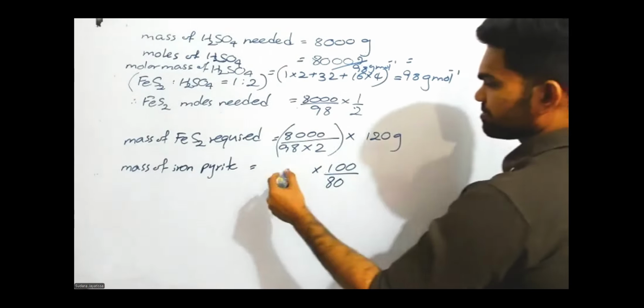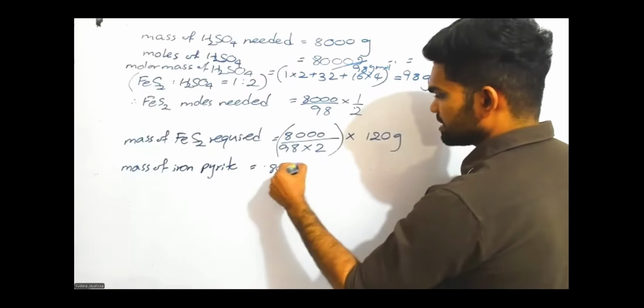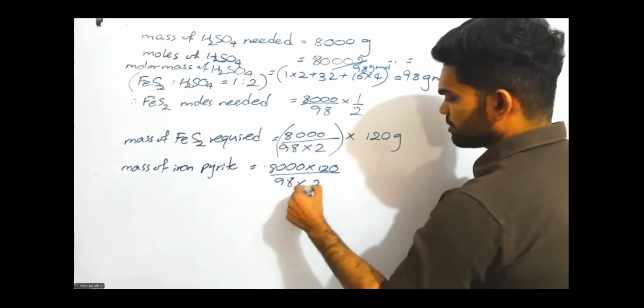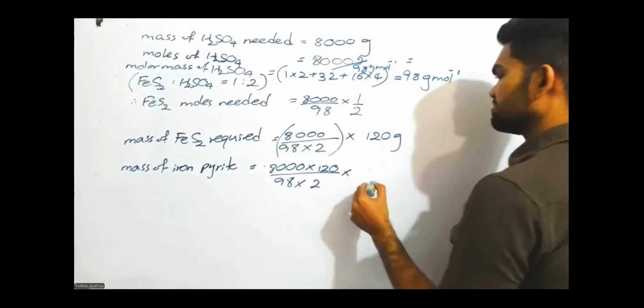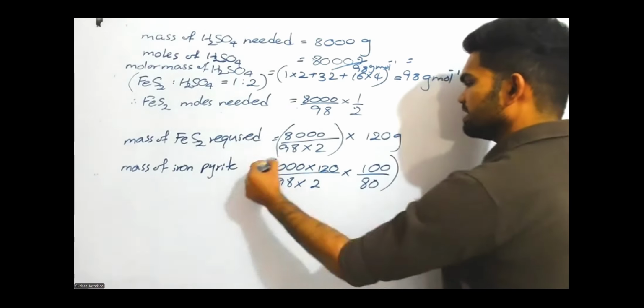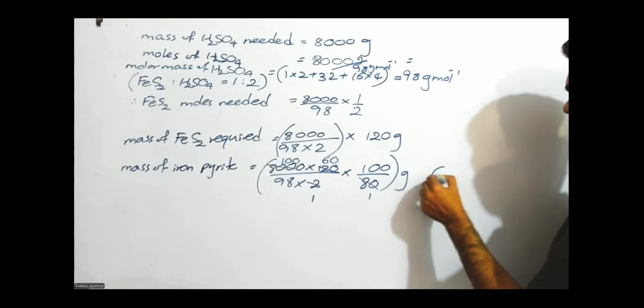And then the whole thing: 8,000 into 120, 98 into 2, then divide by 80 and multiply by 100 to get the mass of iron pyrite. This is the answer you need to simplify.